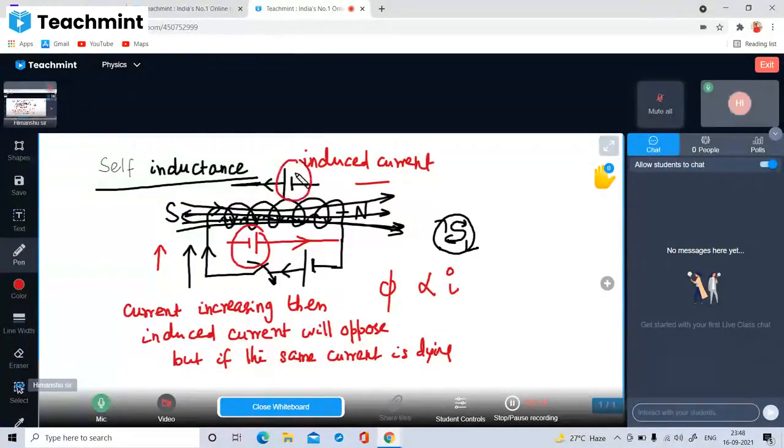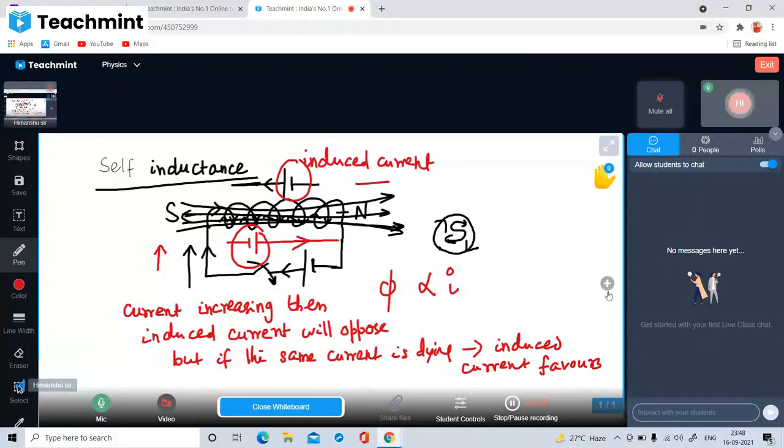So it is not exactly a battery, but the current is flowing in this fashion that the positive potential of the battery is on this side and negative potential on this side. So current dying, induced current favors. Are you all getting my point?